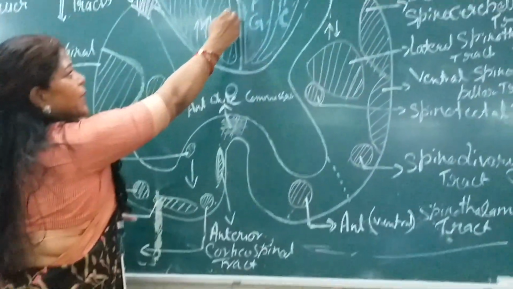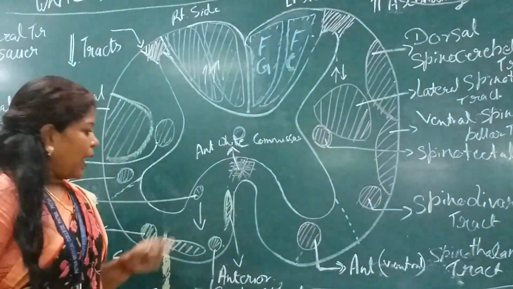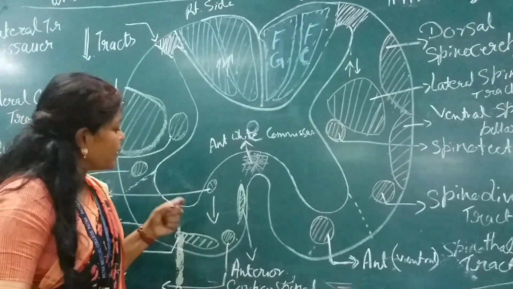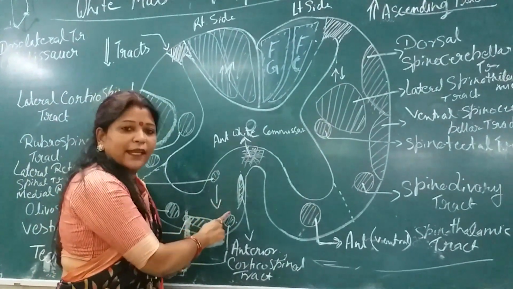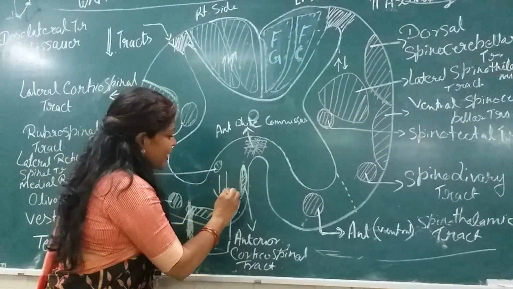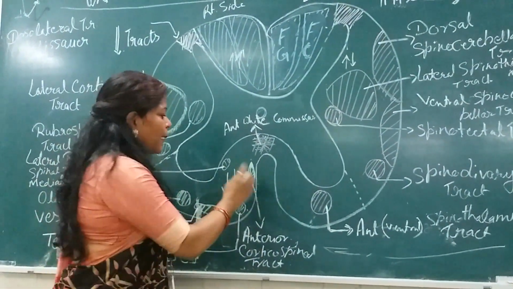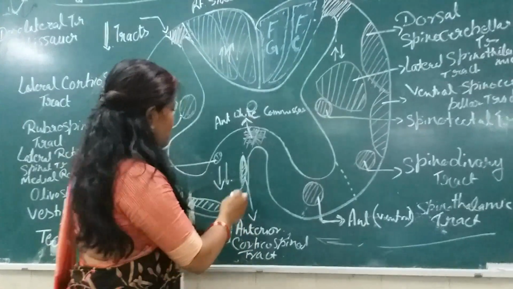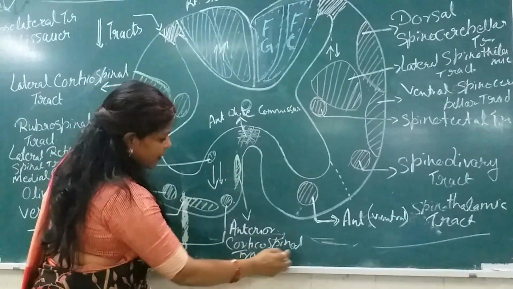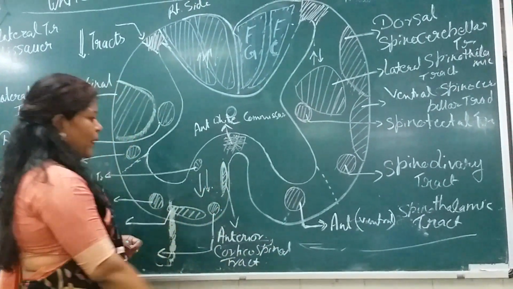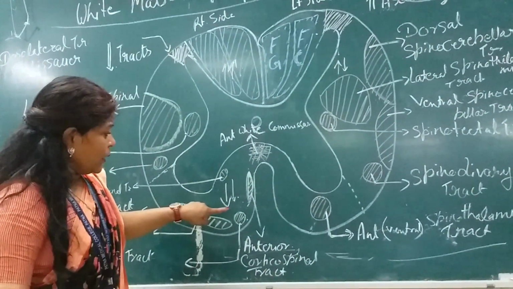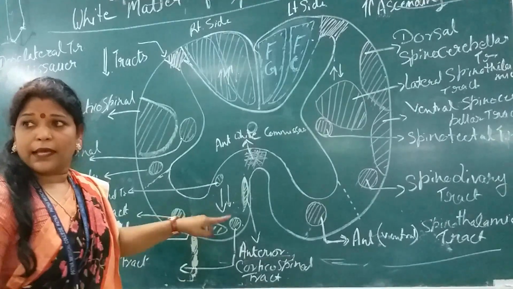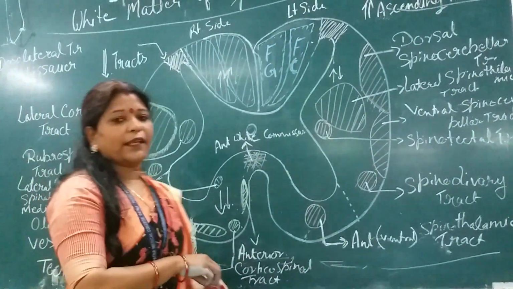The majority of the tracts in the anterior funiculus are descending, but some ascending tracts are also present here, like the anterior ventral spinal tract. So it is mainly the descending part in the anterior compartment or the anterior funiculus.